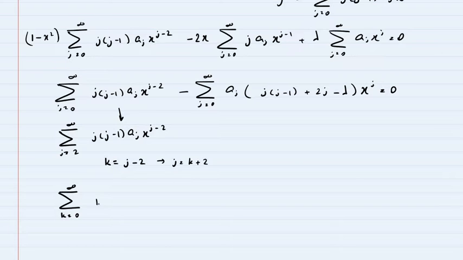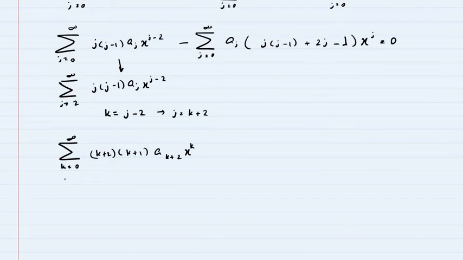So k plus 2 times k plus 1 times a k plus 2 multiplied by x^k. Here k is just a dummy variable, so I can just substitute k by j again.